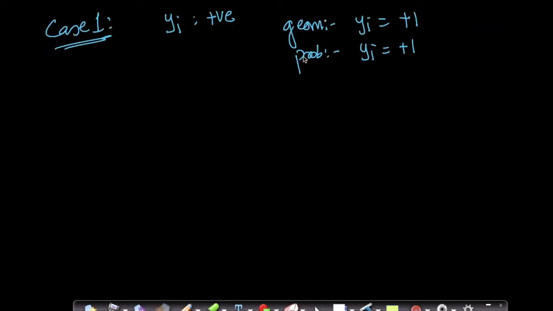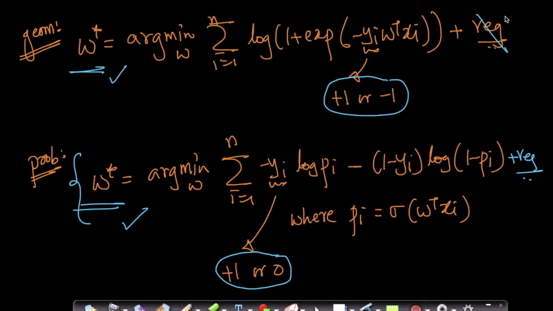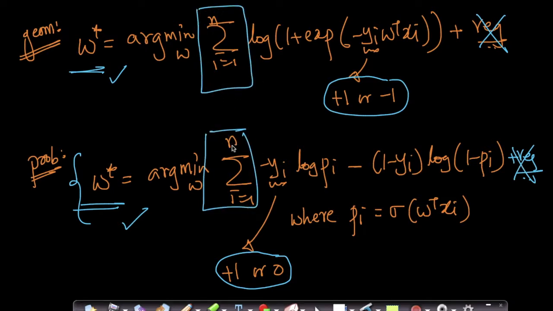Let's ignore regularization for now because it is independent of the formulation. In both formulations, you have regularization. In both formulations, you have this sigma term, which is a summation over all the training points. The summation is the same. Only the internal part changes.